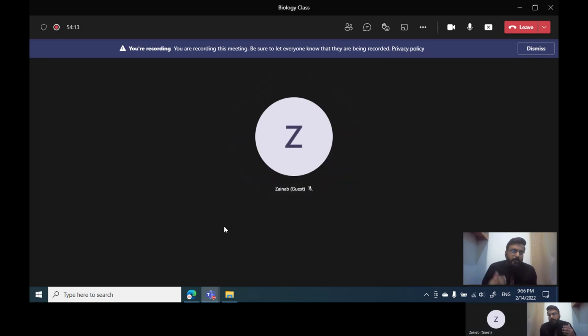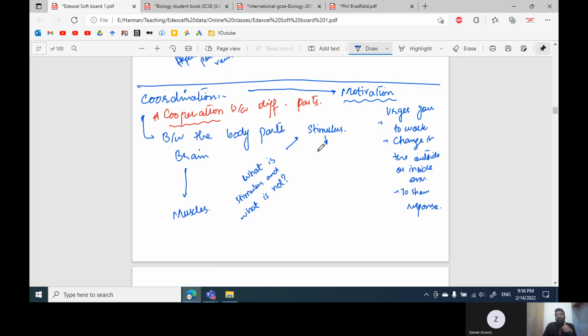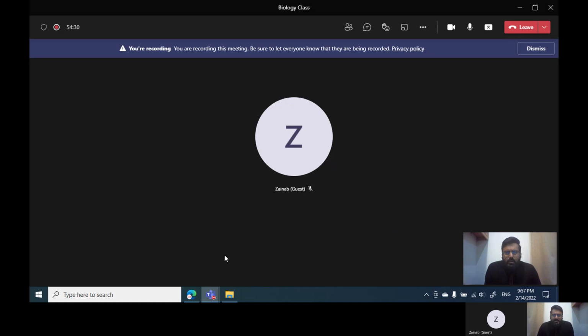Okay, but let me tell you one step ahead. A stimulus is only a stimulus when we can sense it, when we can feel it, when we can receive it. For example, why do we say that dogs can smell more variety of smells than humans?